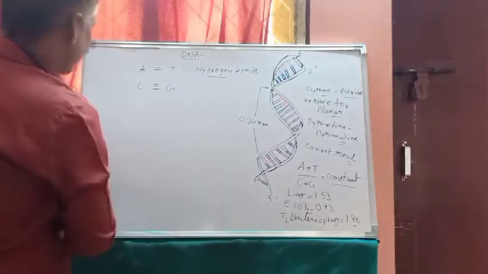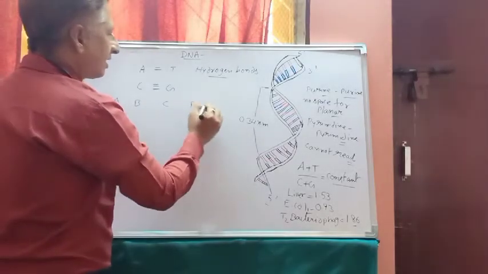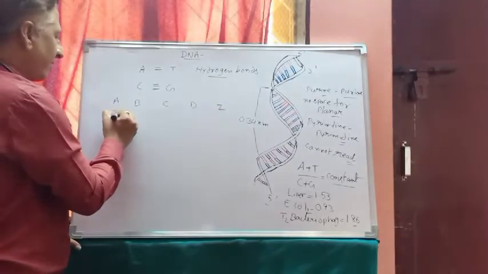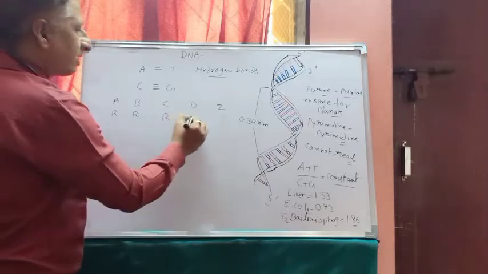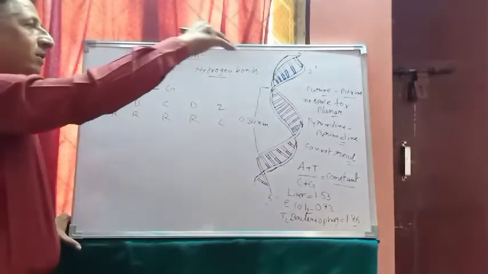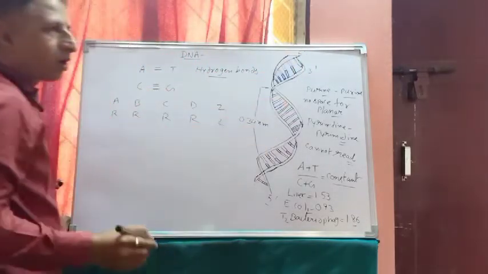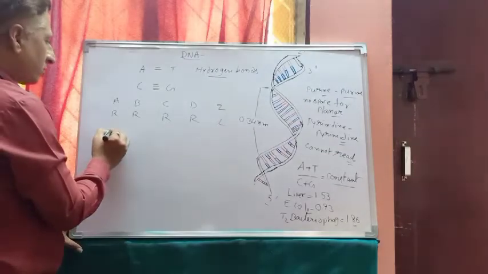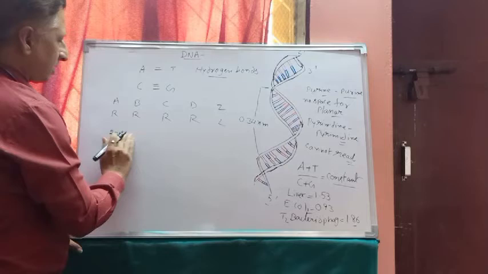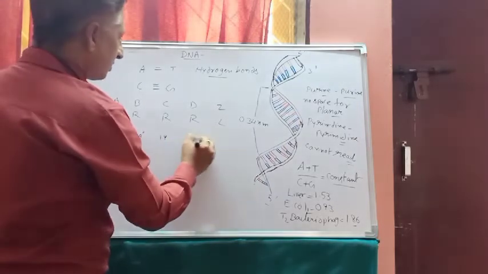That is A type, B type, C type, D type and Z type. Here they are right-handed. This is left-handed, the coil. How much will the diameter be, from here to here? This is 23 angstroms, 20 angstroms, 19 and 18.